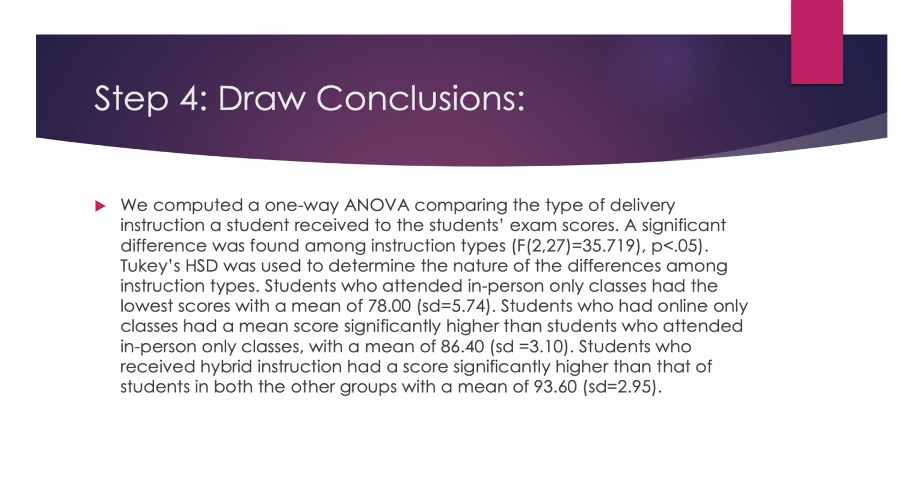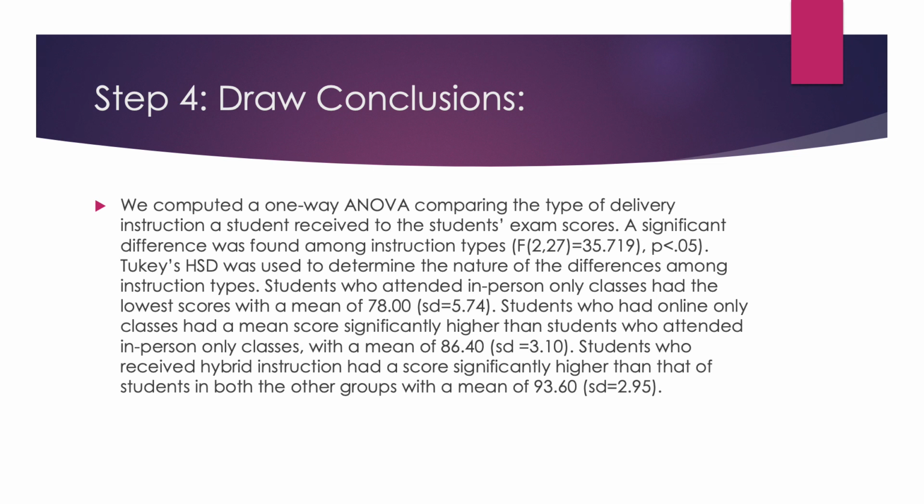Students who attended in-person only classes had the lowest score with a mean of 78.00 and a standard deviation of 5.74. Students who had online-only classes had a mean score significantly higher than students who attended in-person only classes, with a mean of 86.40 and a standard deviation of 3.10.